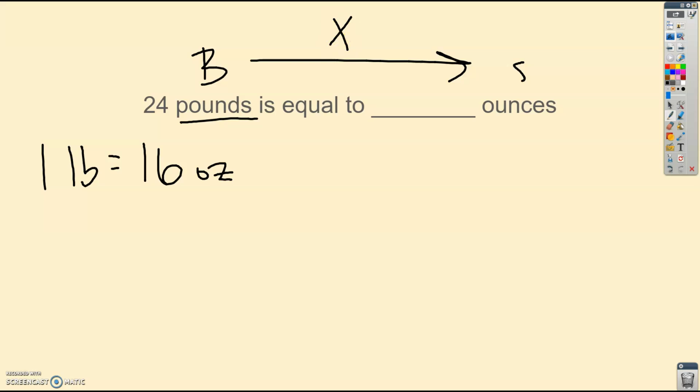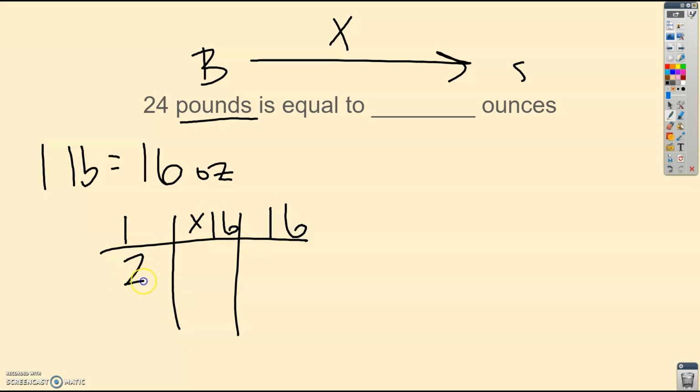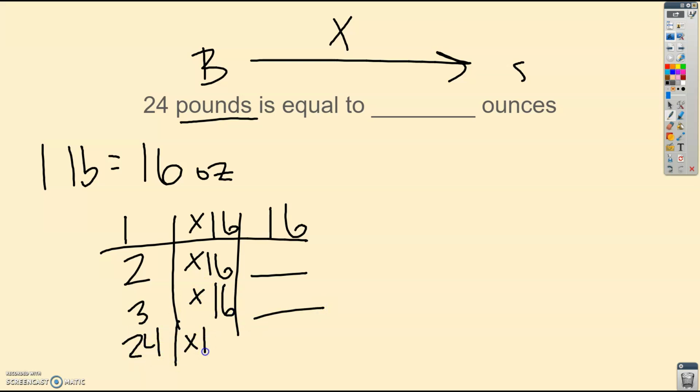So that means I would have 1 pound times 16 ounces will get me 16. 2 pounds times 16 ounces will get me whatever. 3 pounds by 16 ounces will get me whatever. But in this situation, I have 24 pounds times 16 ounces in each pound. So 24 times 16.